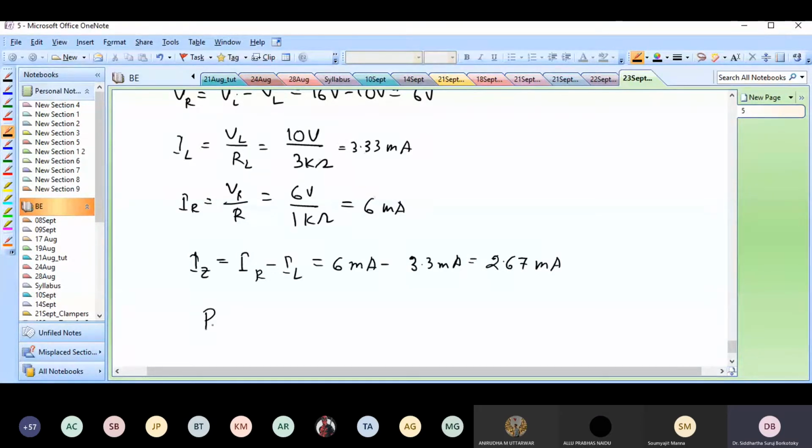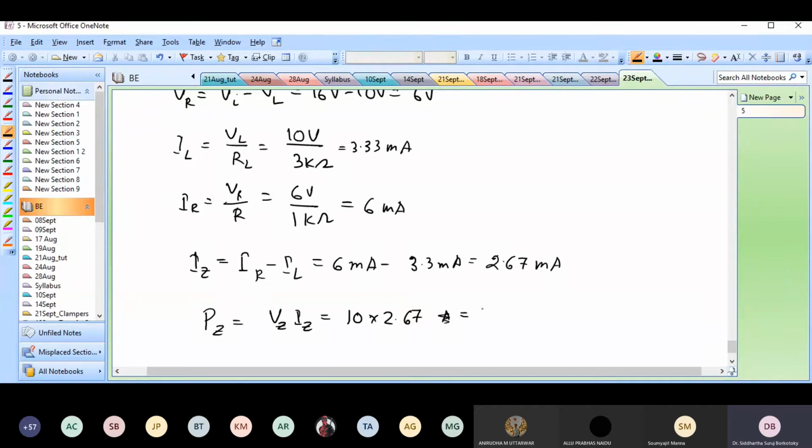One thing remaining is the power. What is the power dissipated? Power PZ is VZ times IZ. VZ is 10 volts, as we already know. IZ we just found out is 2.67 milliamperes.